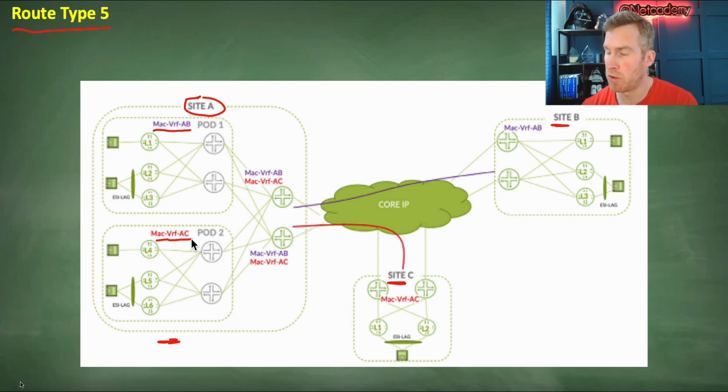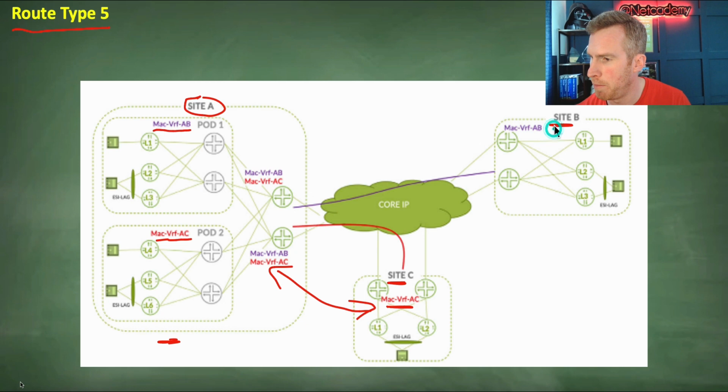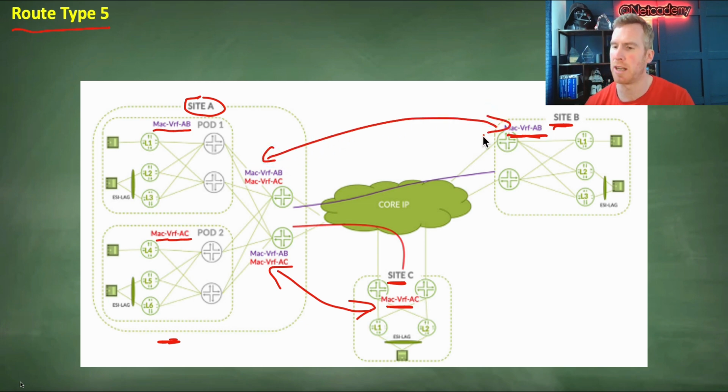In the other data centers there are the same MAC VRFs. In site C, we've got MAC VRF AC, which needs connectivity to and from site A. Over at site B, we've got MAC VRF AB, and that needs connectivity over to site A with that same MAC VRF.